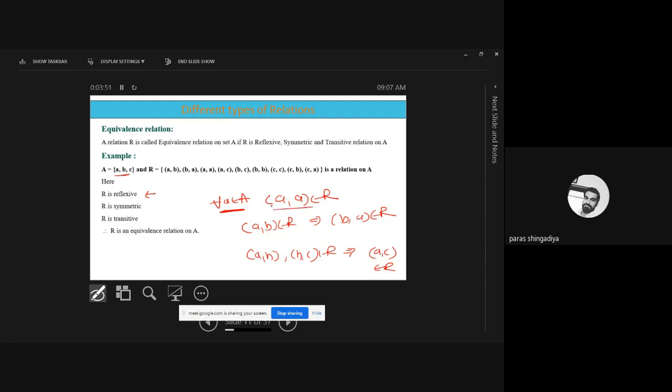For example, if you have numerical values 1, 2, and 3 in place of A, B, C, then for every A belongs to A, the first is (1, 1), the second is (2, 2), and the third is (3, 3). So these three pairs should be included in this given relation. Then it is called a reflexive relation.